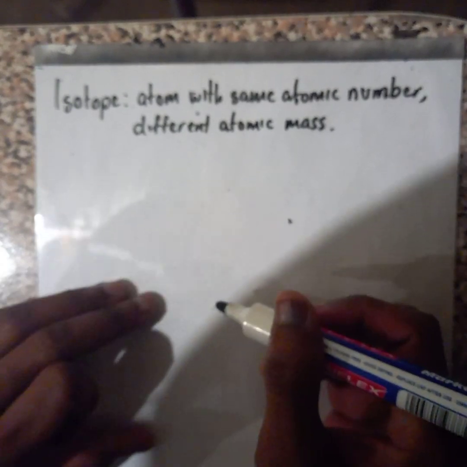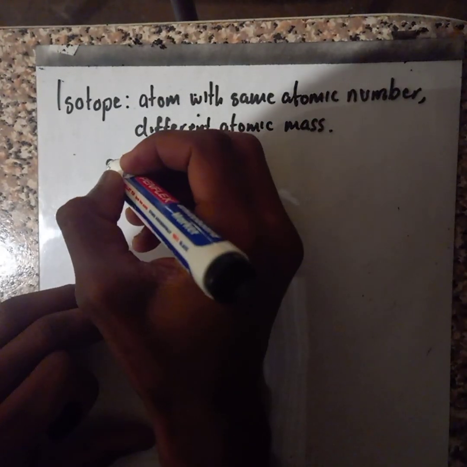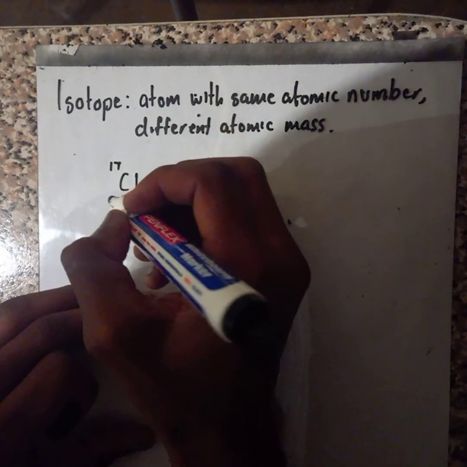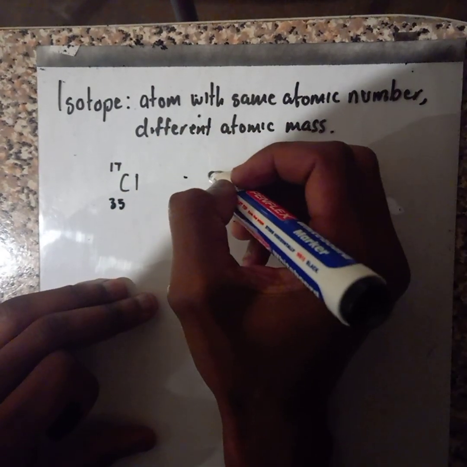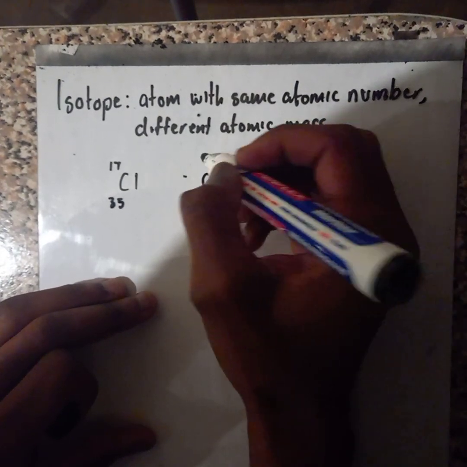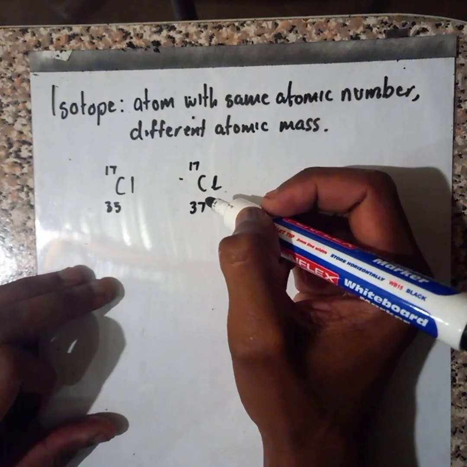Let me take the previous example. Last time I gave you chlorine with an atomic number of 17, with 35 and 37.